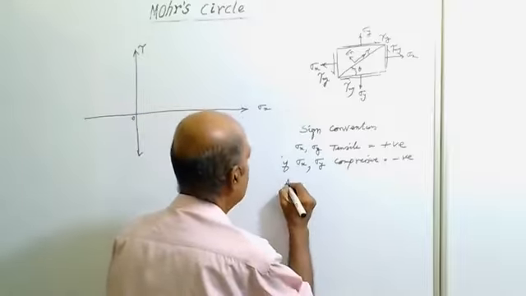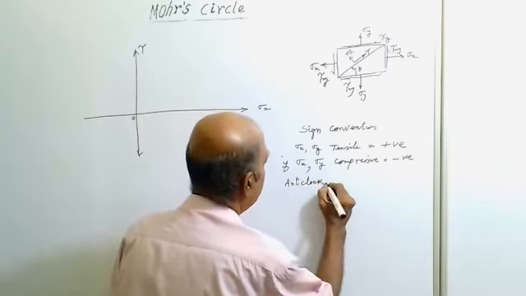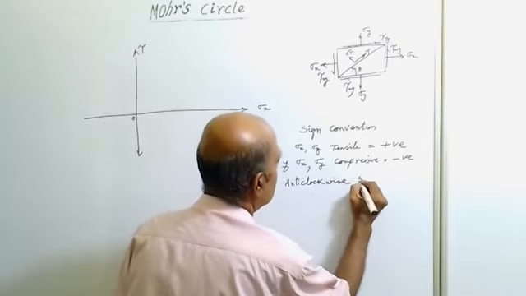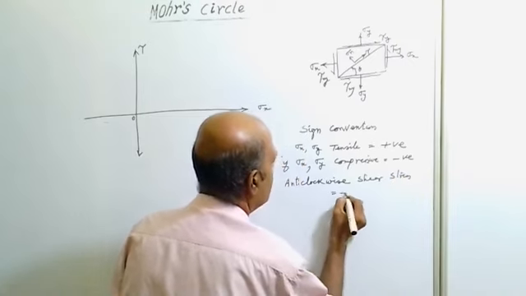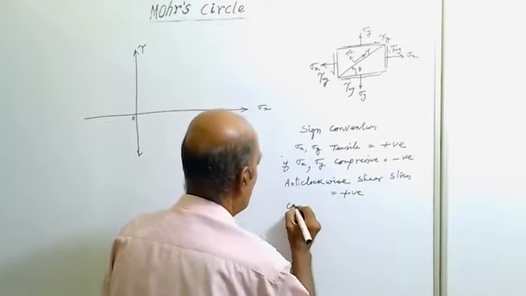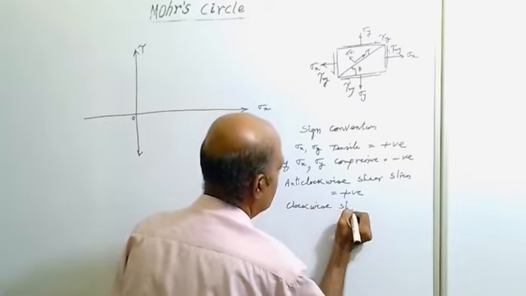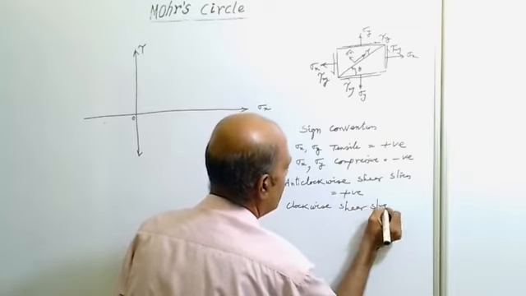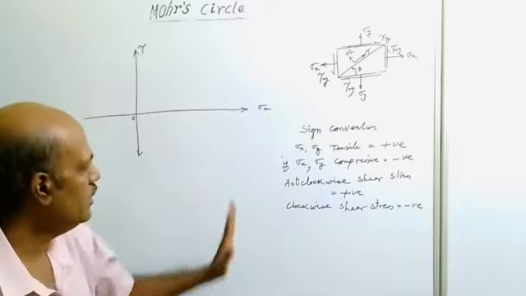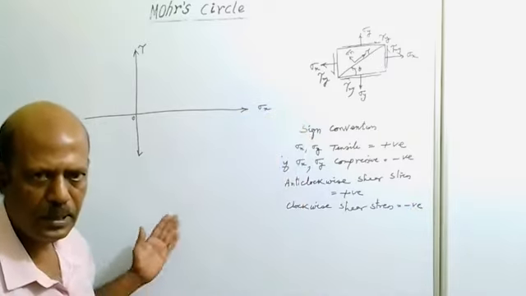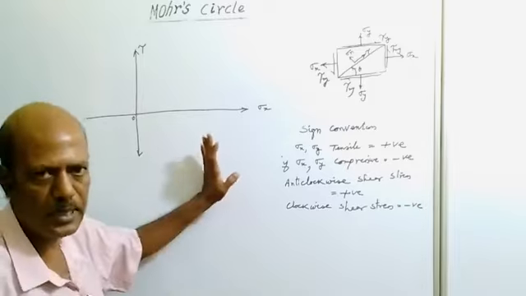So anti-clockwise shear stress is taken as positive, and clockwise shear stress is negative. So these are the sign conventions for sigma x, sigma y and tau xy. Okay, now we have drawn the axes, that is step 1.